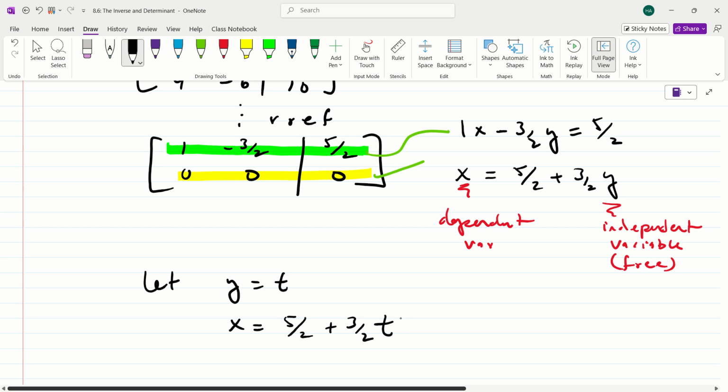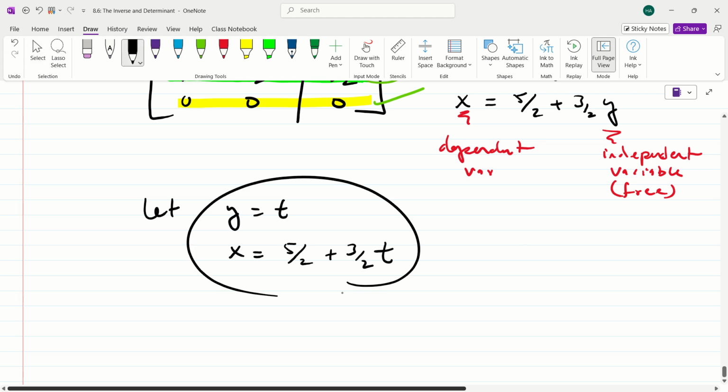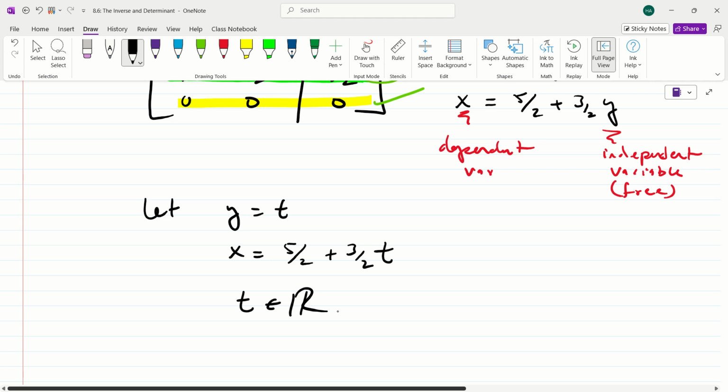By bringing in this new variable t, we have that y is in terms of t and x is in terms of t, which makes things really nice to analyze. We'll also be using this kind of idea later on to solve for the eigenvalues and eigenvectors of a matrix. So your x's and your y's can be obtained through this formula where t is any real number.